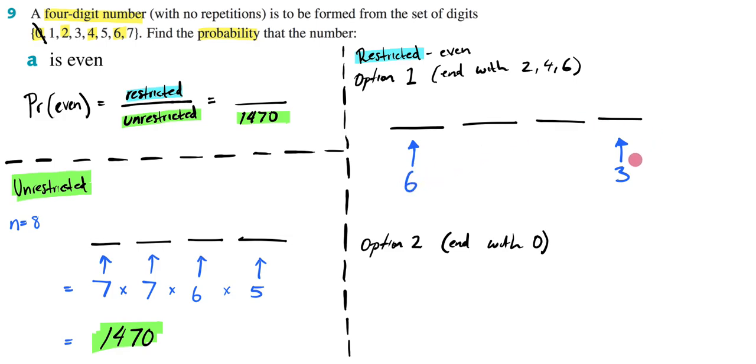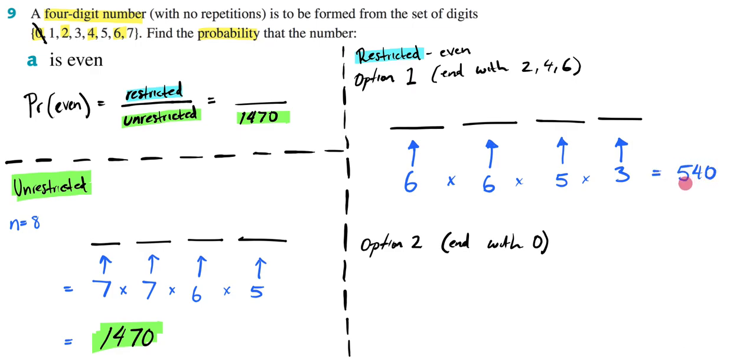So remember, I've minused 1 because I have 1 there, and I minus another 1 because it can't be 0. So that's 6. Then the next one is going to be 6 as well. And then the next one is going to be 5. Remembering that this one can be 6 because I've already used 2 numbers here. So then what we're going to do is multiply all of these together, and I'm going to end up with 540.